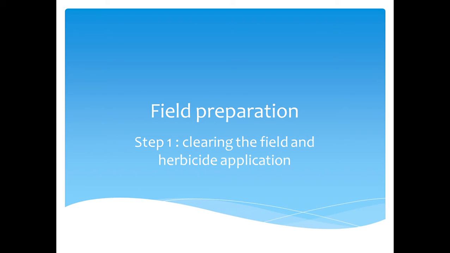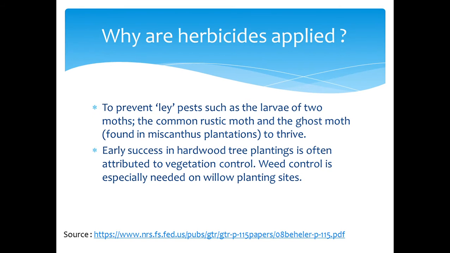Next, we move to field preparation. Step 1 of the field preparation involves clearing the field, which may be done manually or by mechanized mode, and herbicide application. Herbicide application is very important in plantations so that larva of rustic moth and ghost moth, which is common in miscanthus plantations, may be prevented from growing.